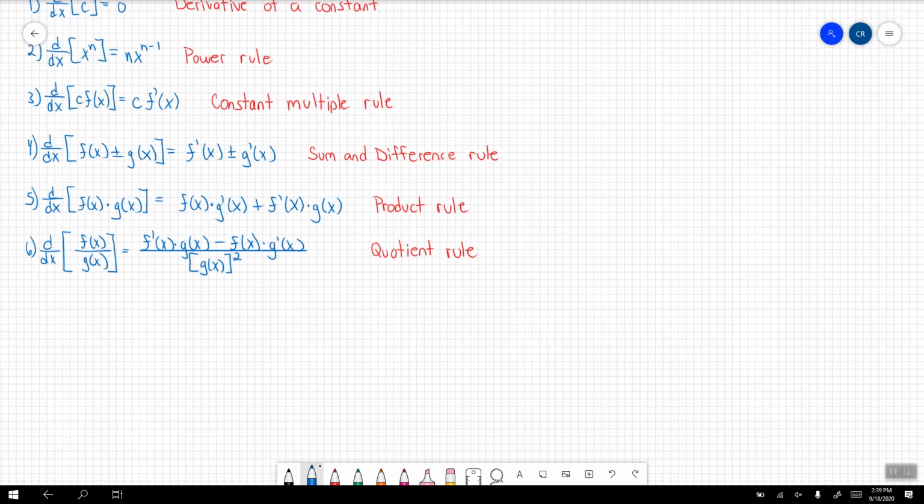Now, one of the items that I want to look at first is that we want to prove the product rule for derivatives.